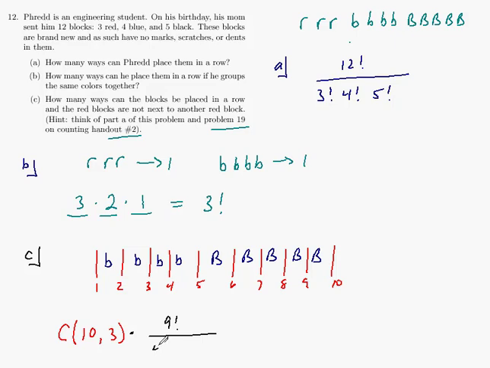Divide by 4 factorial, 5 factorial. So the fraction here puts the lowercase b and the uppercase B in a row. Once those are in a row, the red part is placing the red blocks. So together gives me the final answer for part C.